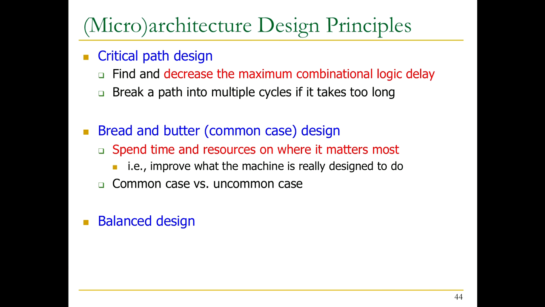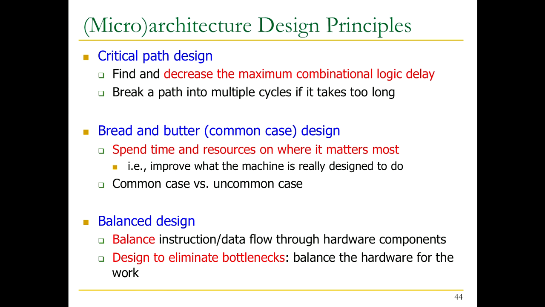So Amdahl's law suggests that you should optimize for the common case because that's where you get the most benefit. Again, a single cycle architecture, as I just said, it's very difficult to do that. Well, you're not doing that clearly because unless your common case is the worst case, you're not optimizing for the common case. And this will come up in many cases, in many designs that we will see.